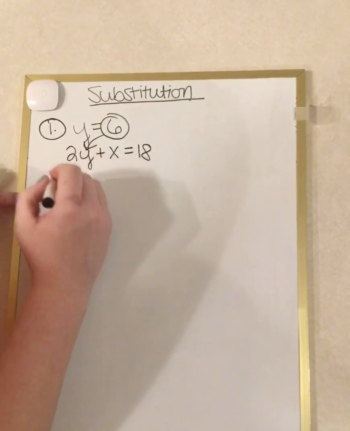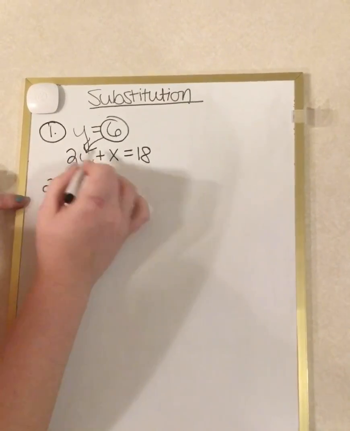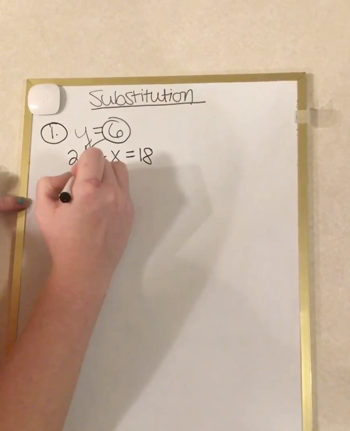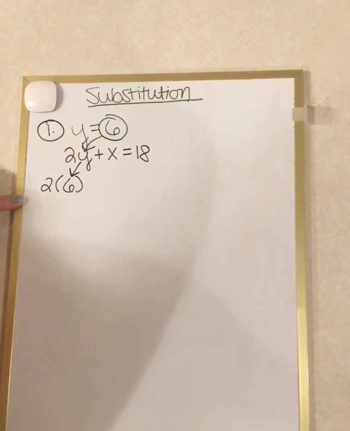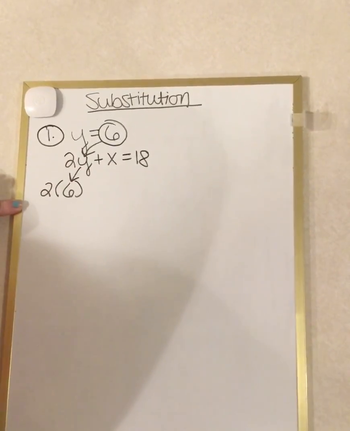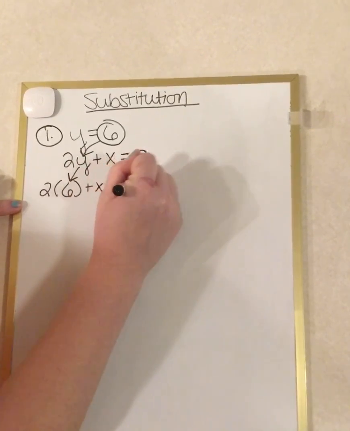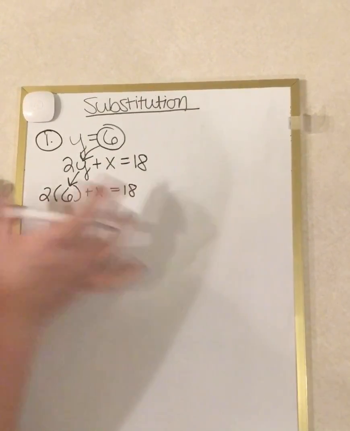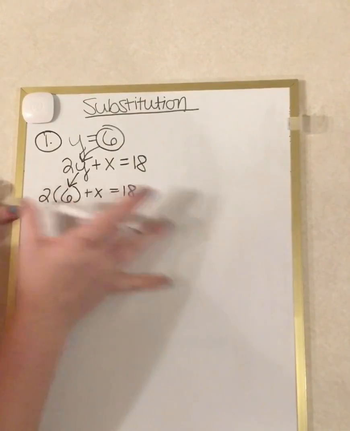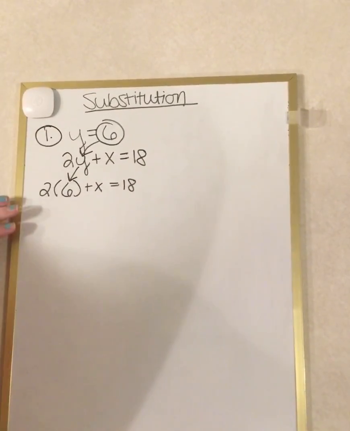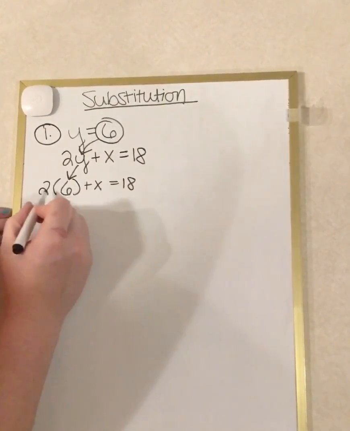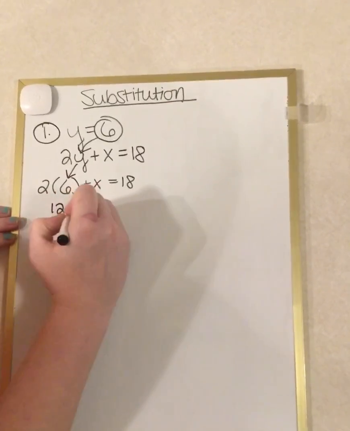So if I plug 6 in here, I'm going to keep the 2, and then in parentheses, that's where I plug in my 6. So instead of a y, now I have a 6. It has been substituted. Everything else is just going to fall back down. Once you have plugged in, which is the hardest part, everything else is just basic solving equations. So 2 times 6 is 12.